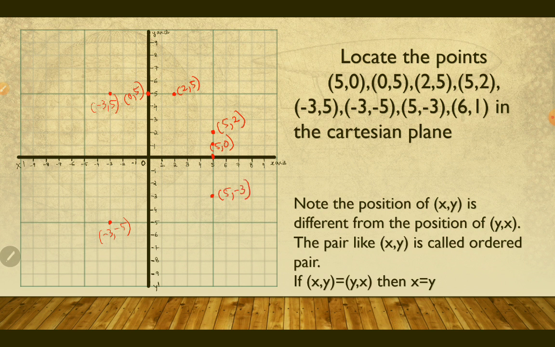And 6, 1 is here. I hope you can see 6, 1. Note the position of x, y is different from the position of y, x. The pair like x, y is known as ordered pair. If x, y is equal to y, x, then x is equal to y.